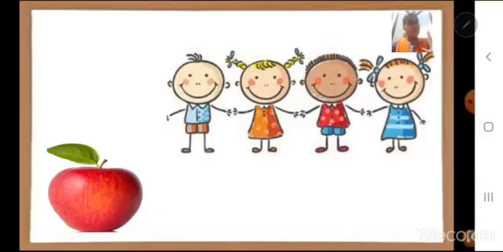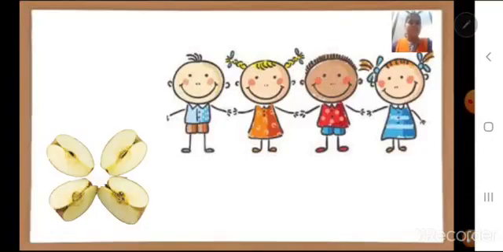Apple is only 1. We have to distribute them among the kids, so we have to cut them. Because there are 4 children, so 4 slices, 1, 2, 3, 4. I have cut the apple into 4 slices.